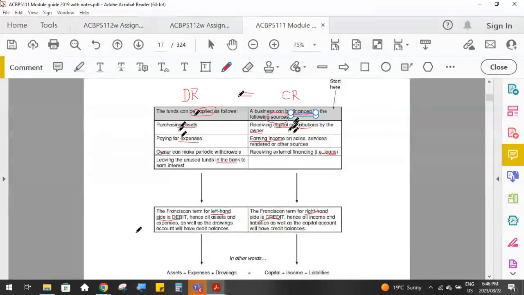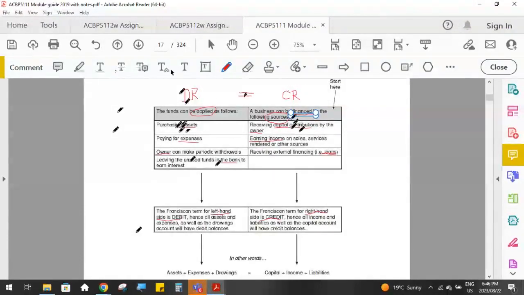It must either be in assets, or I must show that he spent some of it on expenses and that the rest is still in the bank account. But all of that must add up to 22,250, if on the right-hand side I recorded a receipt of 22,250. So the debits must equal the credits.